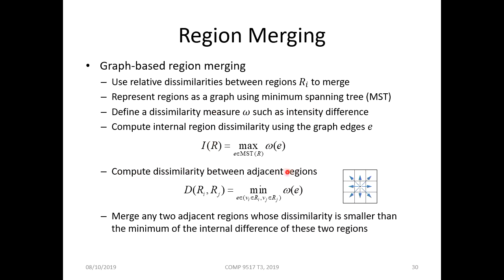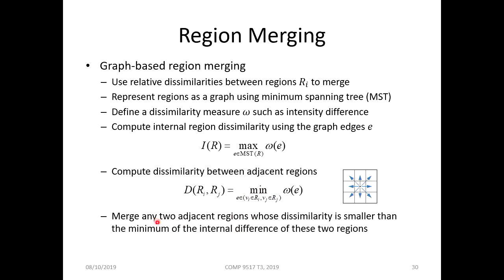But you can also compute dissimilarity between regions. So take all the edges in a graph representation of the image where one pixel is within one object and another pixel is in another object, so the edge crosses regions. You can look at all the edges connecting one region to another, compute the same dissimilarity measure there, and look at the minimum.